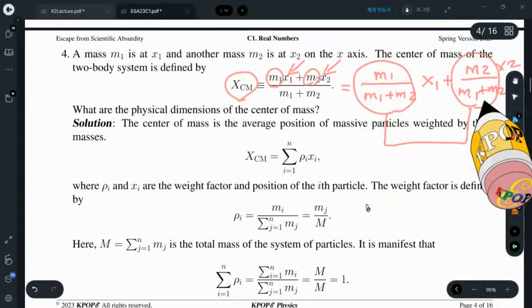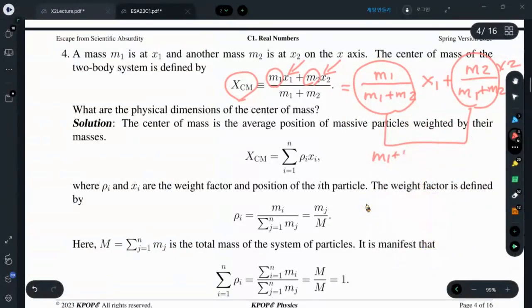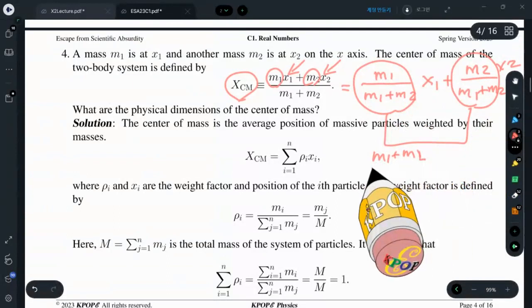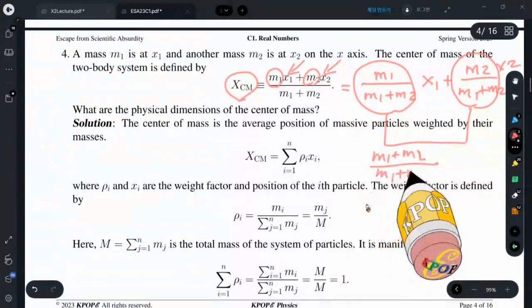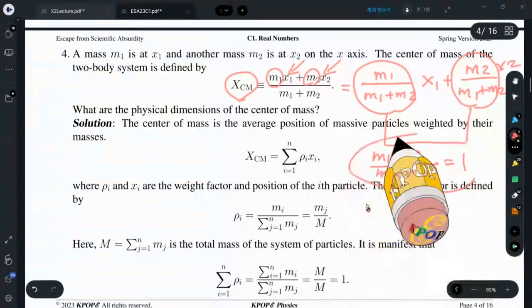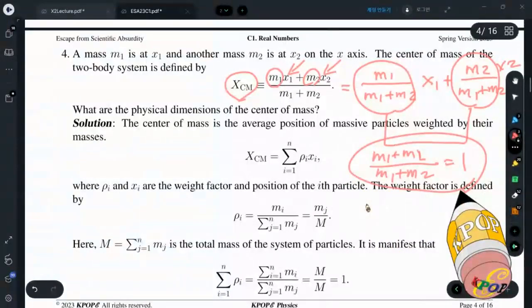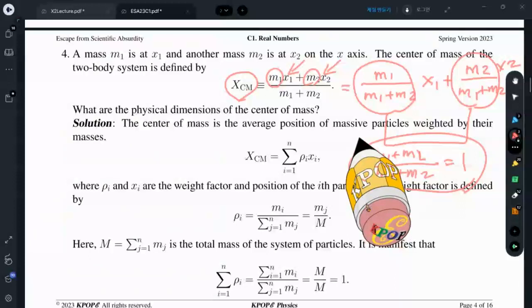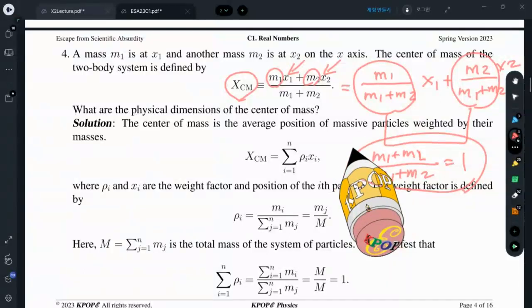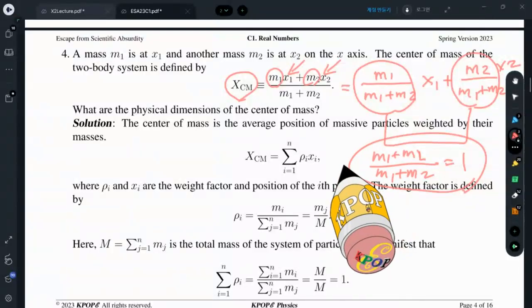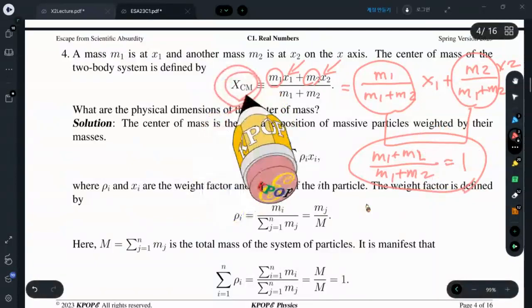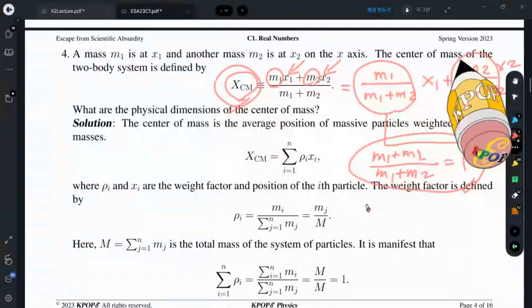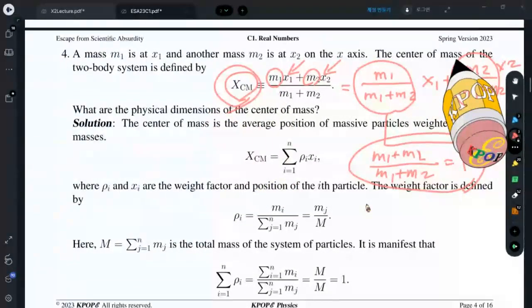What if I sum them up? It is trivial. This is 1. Aha, it is a kind of weight. Weight means a kind of probability. The sum of all probabilities becomes 1. So this Cm, the center of mass, is the weighted average of the positions of the particles.